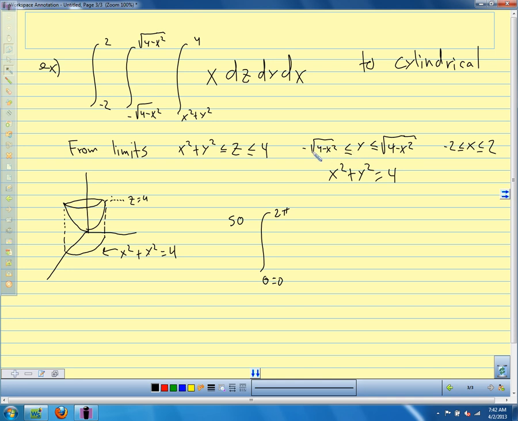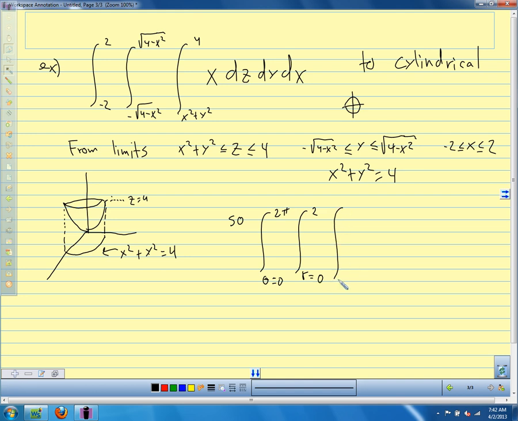So this is telling us in the xy plane, this would be the positive square root part, and this would be the negative square root part. So we're getting the whole circle. Okay. So theta is 0 to 2 pi. r equals, limits on r, 0 to 2.